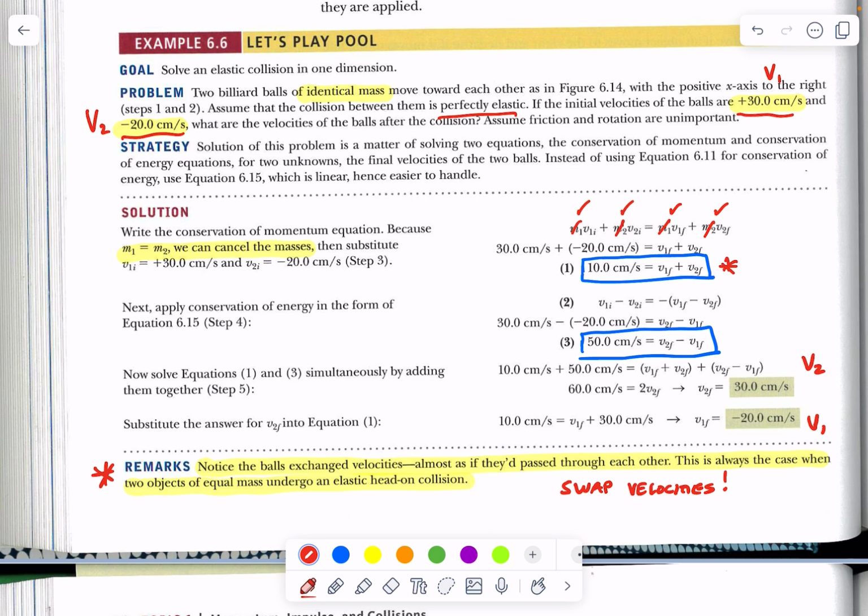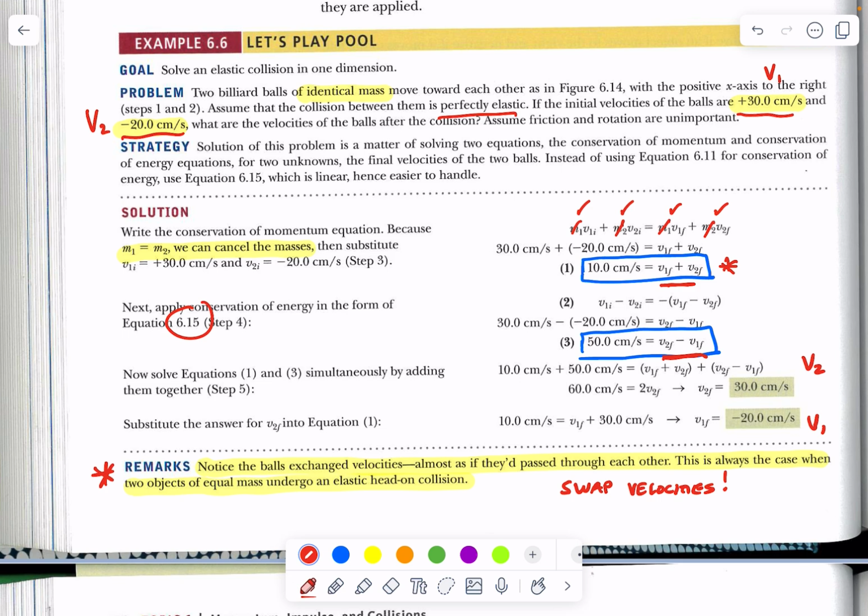Now, if we apply the conservation of energy, since it's an elastic collision, and again, the 1/2s cancel out, the masses cancel out, and this is from the equation that we just talked about 5 minutes ago, and we plug our numbers in, we see that the difference in the 2 velocities after collision is 50 centimeters per second. So the sum is 10, the difference is 50.